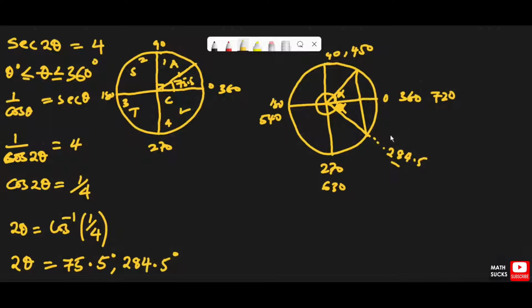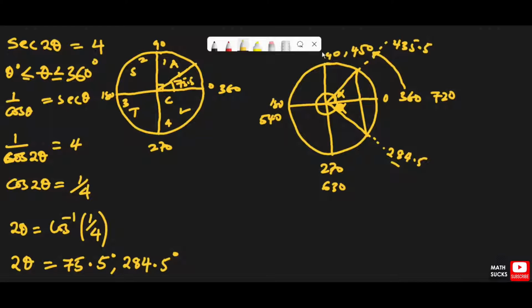Okay, so then we need to go further. When you are here at 360, if we rotate one more time, on the second rotation, to generate this other angle right here, it's going to be 360 plus 75.5, which gives us 435.5.